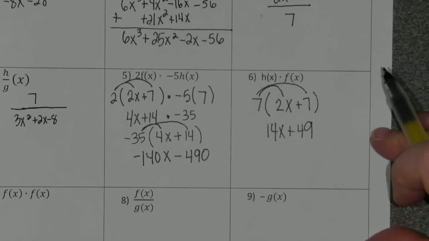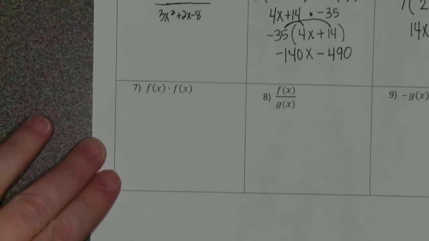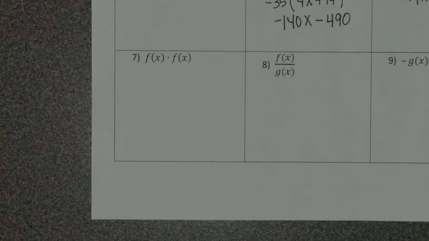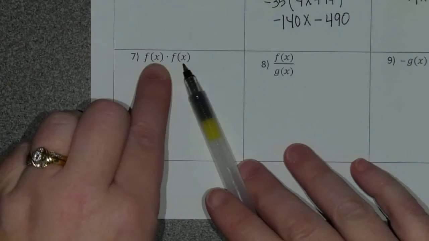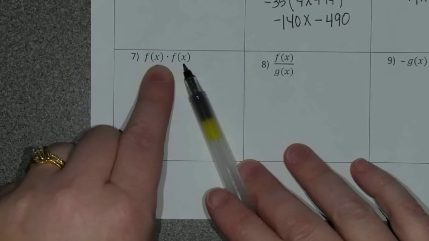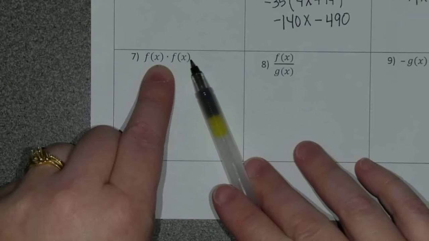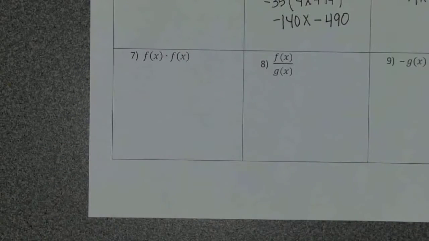All right. I'm going to give you a head start on number 7 and see if you can do it yourself. What's it asking me to do? The f of x times the f of x. So you're just going to write it twice and multiply. So I'll give you a head start, and then I'll just work mine quietly up here so you can look up and check your work.